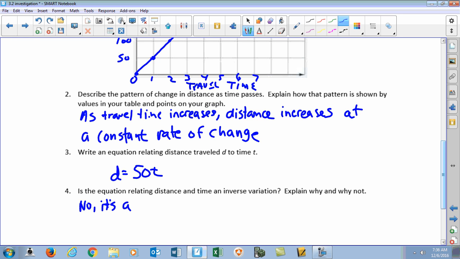Right, it's a linear function, because this graph increases at a constant rate of change.